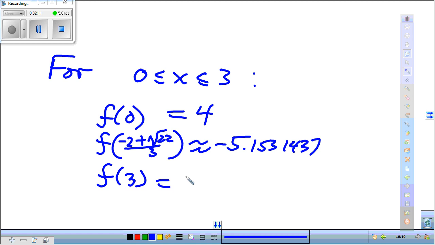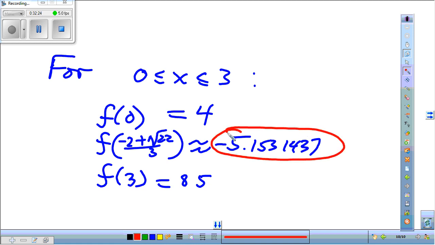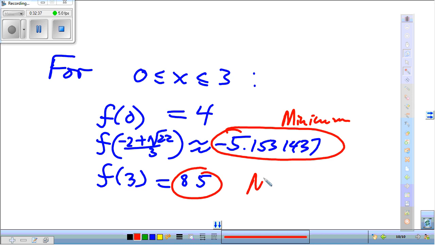And we also had f of 3 turns out to be 85. So in that choice, we get the least of all of these, and we get the absolute minimum on that interval to be about -5. We find the absolute maximum to be 85.